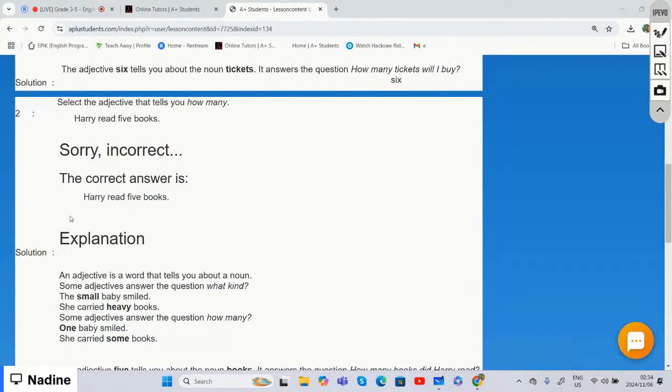The next one says Harry read five books. Does that tell us what kind, or does it tell us how many? And what tells us how many within that sentence?